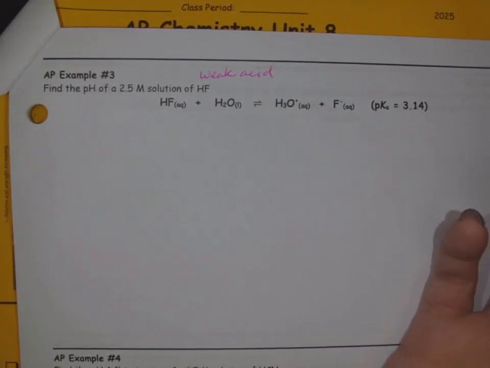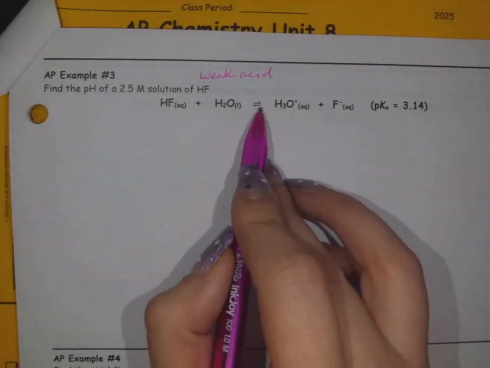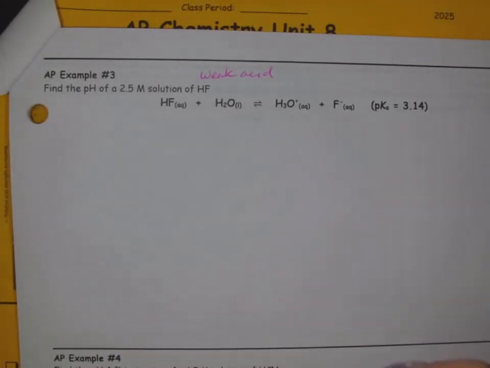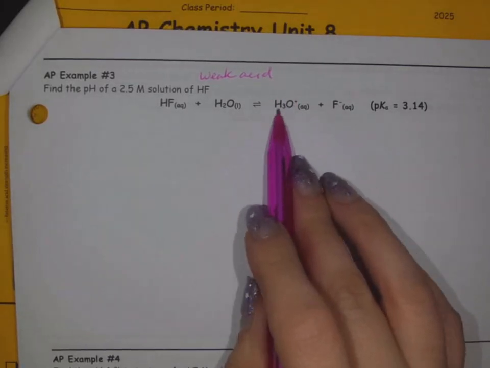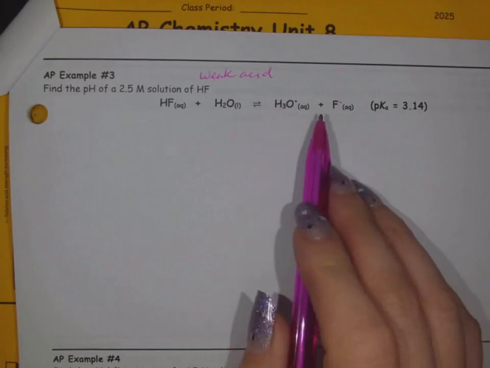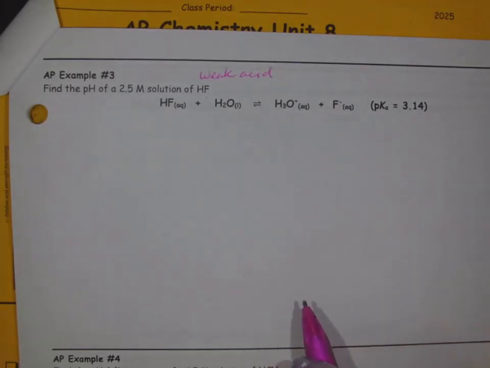But because it's weak, that means we have this equilibrium, this back and forth between them. And so the only way to figure out the amount of hydronium or H+ is to do an ICE table.